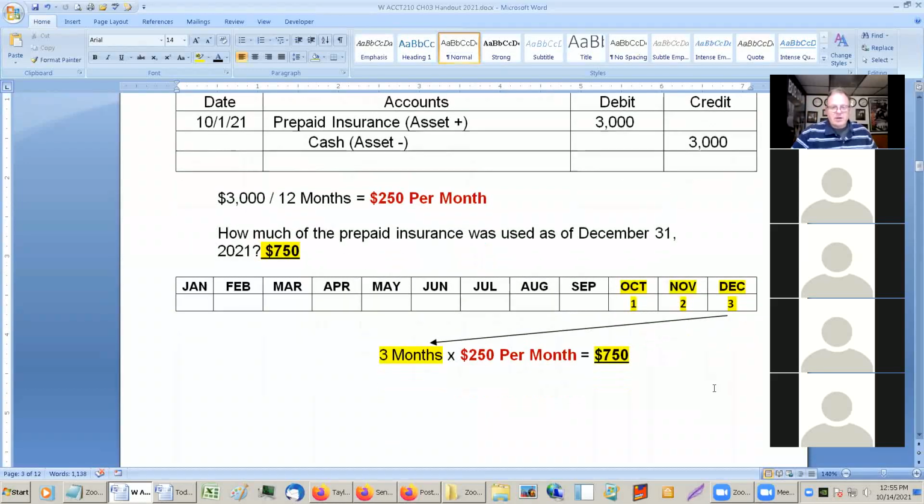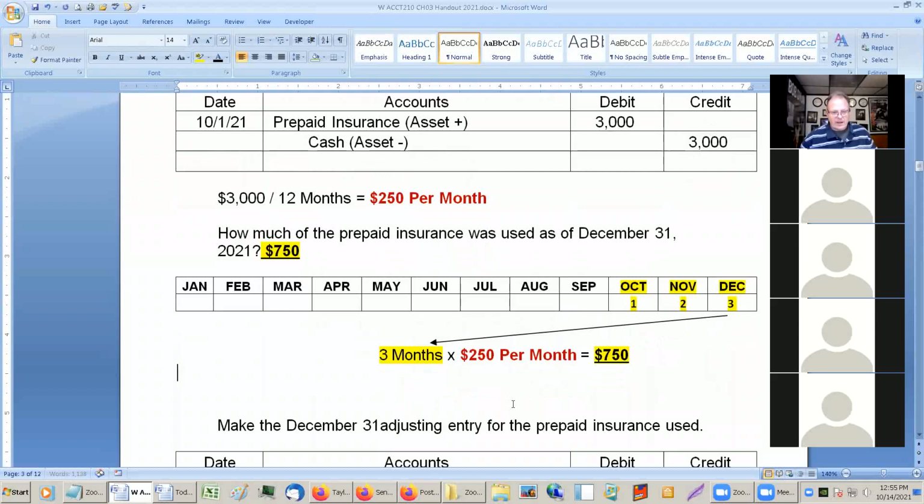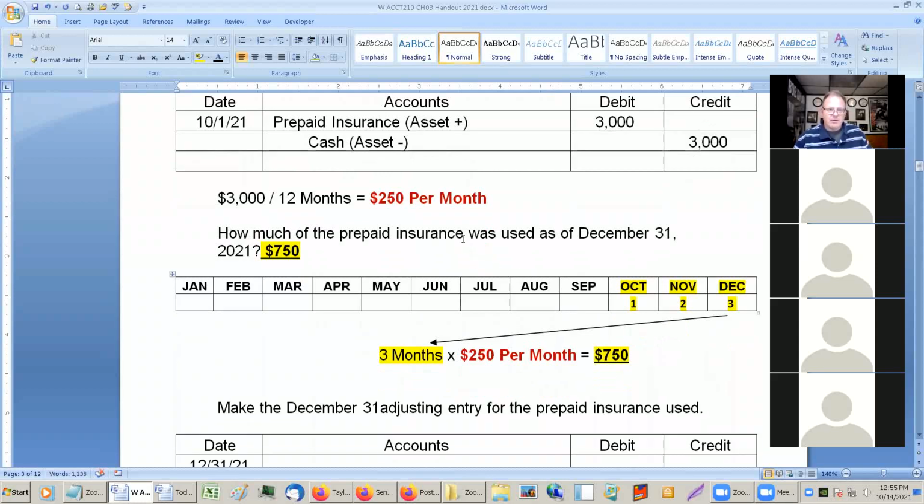So we use it for 3 months, and we use 750 out of it. So we had to take 750 out of that prepaid account, and you'll notice that it is a debit.